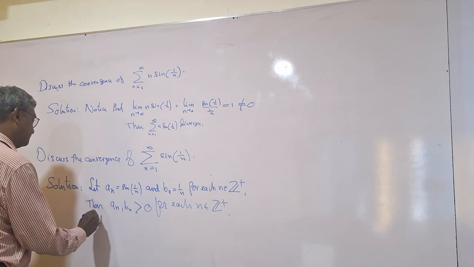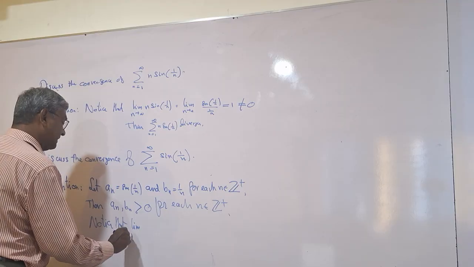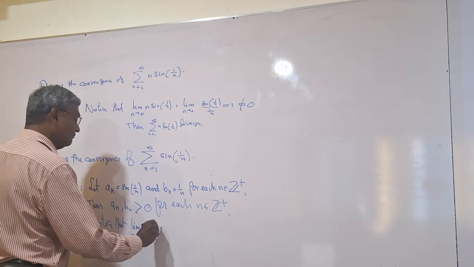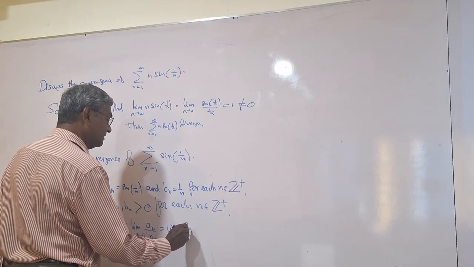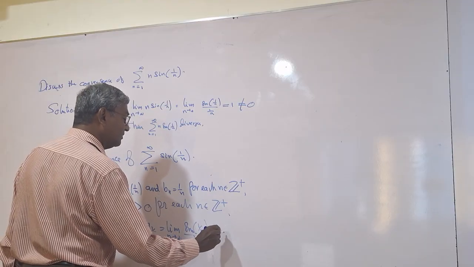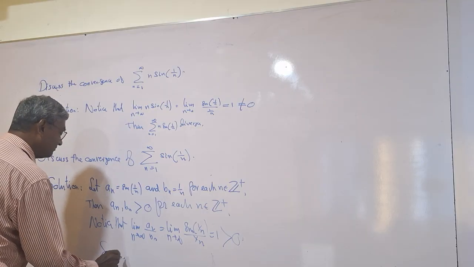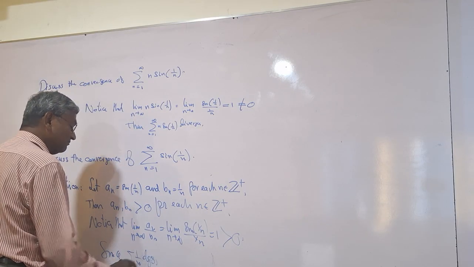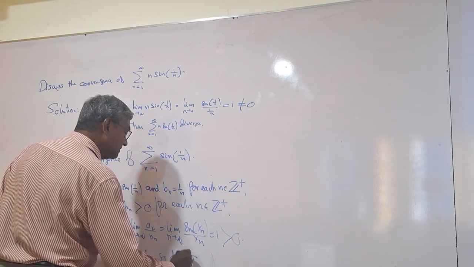Notice that the limit as n tends to infinity of a_n by b_n, which is sin 1 over n divided by 1 over n, is equal to 1, which is greater than 0. Since sigma 1 over n diverges, so does sigma sin 1 over n.